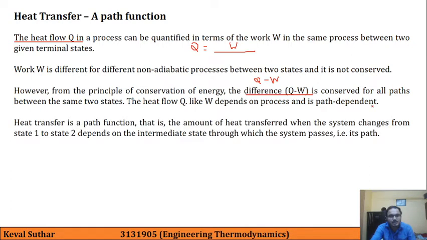Heat transfer is a path function, that is, the amount of heat transferred when a system changes from state 1 to state 2 depends on the intermediate states through which the system passes, that is, its path.